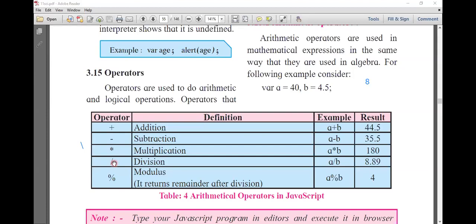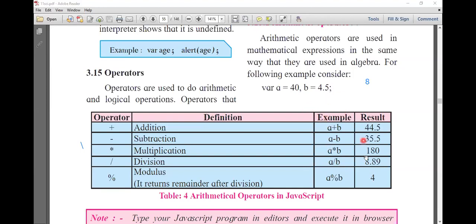Division is always denoted by either a backslash or the front slash. Here the front slash operator is given, and it is for division. When you divide a by b, the values are substituted over here: 40 divided by 4.5.